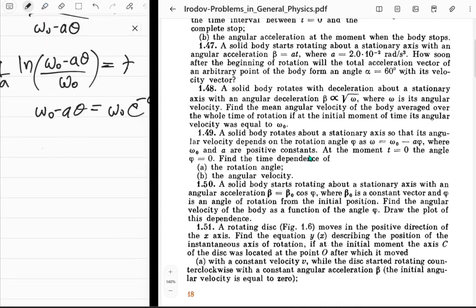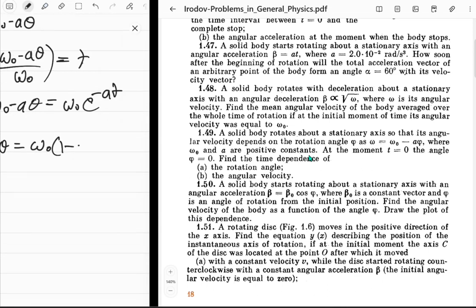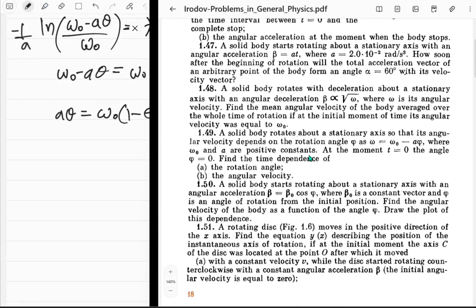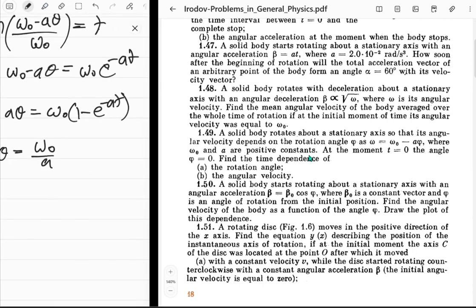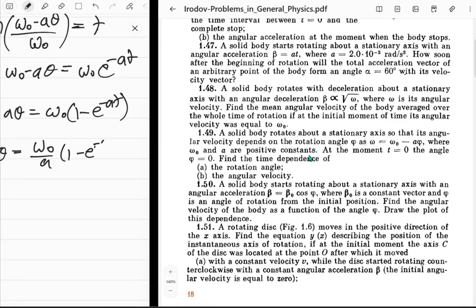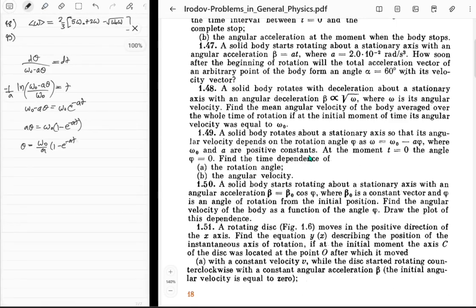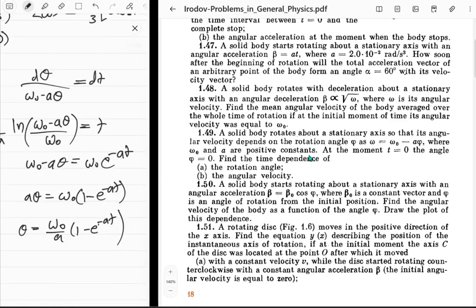There we go. What do you want to find? The rotation angle, first of all. So a theta is equal to omega naught into 1 minus e power negative a t. So theta is omega naught upon a into 1 minus e power negative a t. So you got part a done.